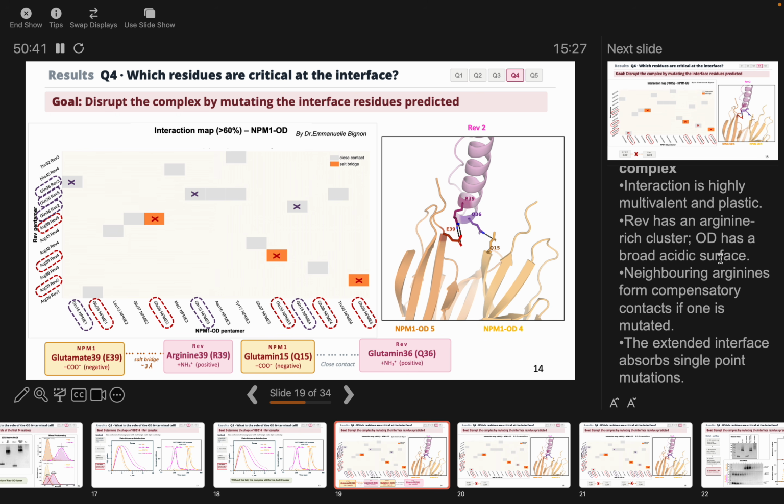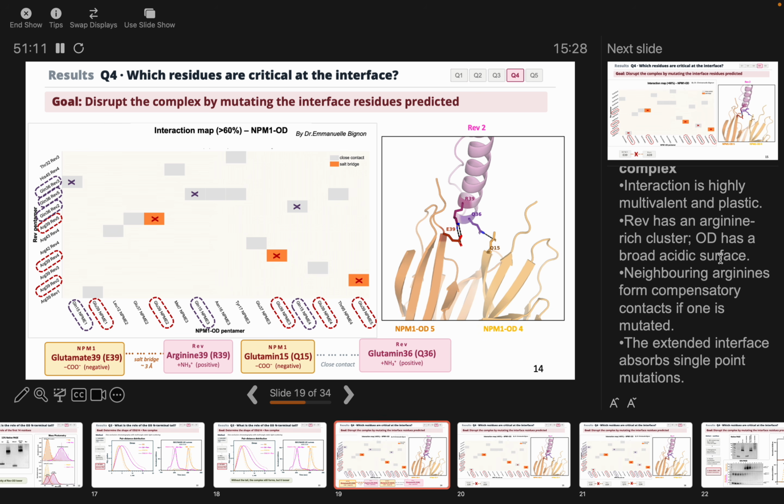Because the interaction is highly multivalent, and because Rap has the arginine-rich motif, when we mutate this residue, it can use another position on the RNA, the ARM, to reach the OD.